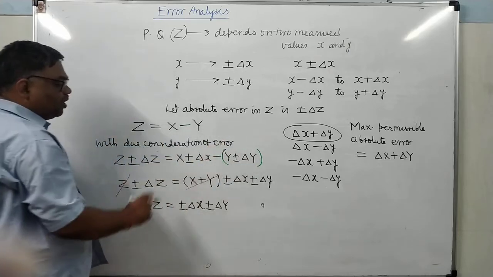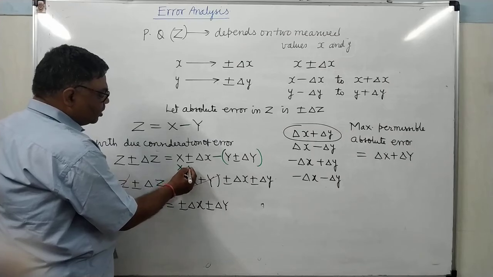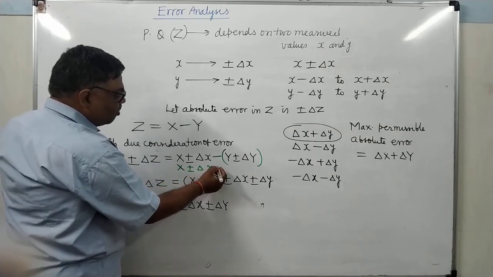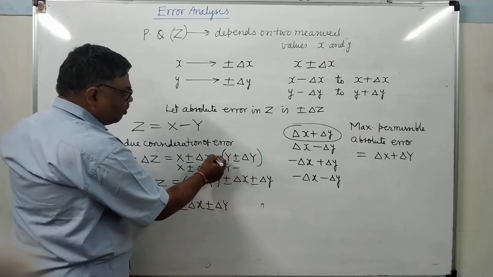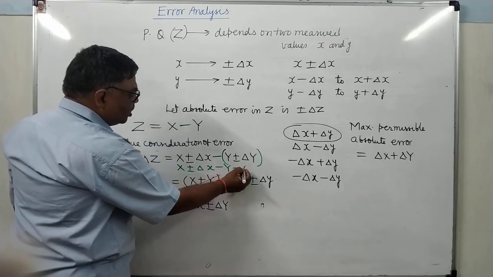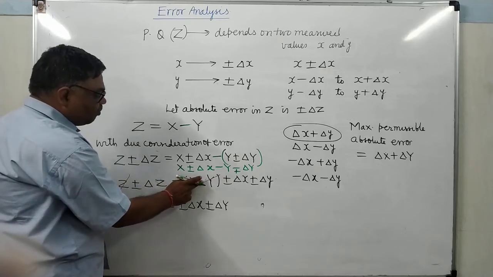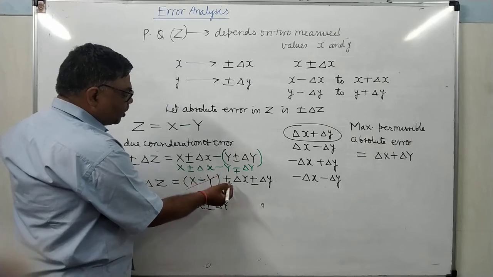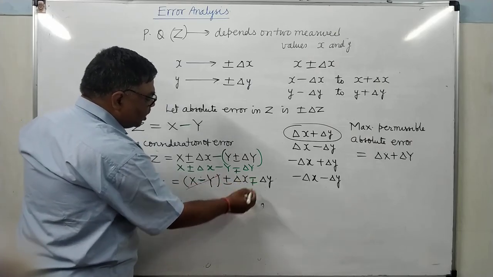On opening, you get x plus minus delta x, minus y, minus into plus, minus, minus into minus, plus delta y. When you rearrange the terms, it becomes x minus y, plus minus delta x minus plus delta y. It is clear?